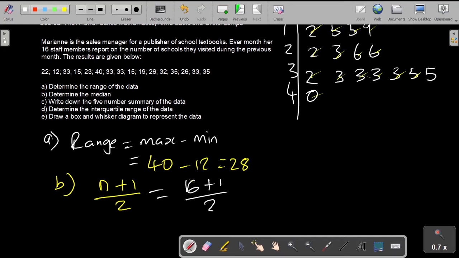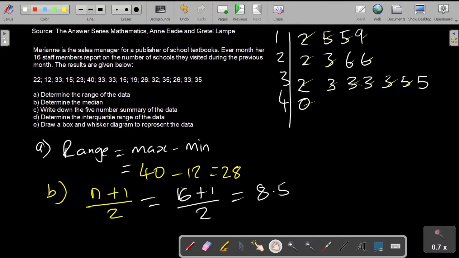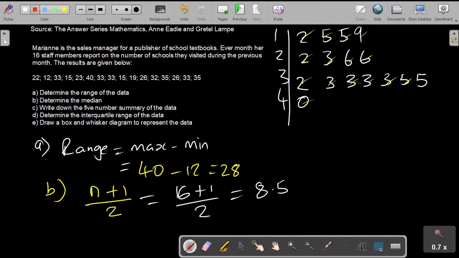Add 1, then divide by 2, and that should give you 8.5. So where is position 8.5? This is the position of the median. You go to your numbers, count 1, 2, 3, 4, 5, 6, 7, 8, then come to this point. That should be 8.5, between the 8th and the 9th element.